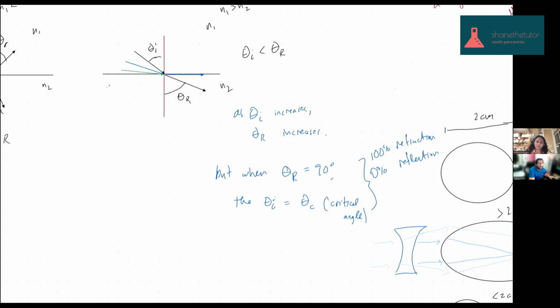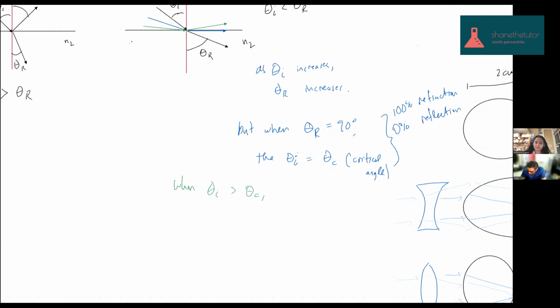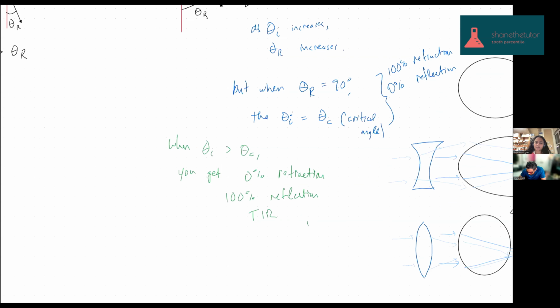None of it gets into N2 because it's all being reflected back into N1. So when the angle of incidence is larger than the critical angle, you get 0% refraction and 100% reflection. And this is called TIR, total internal reflection.